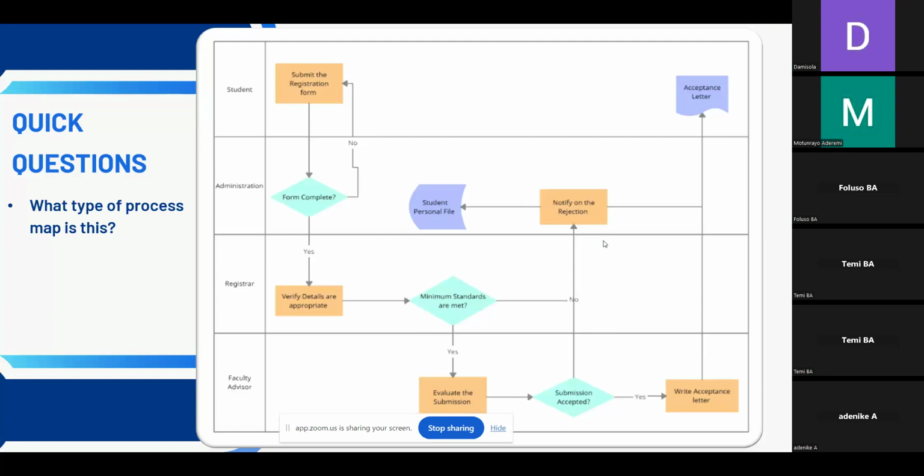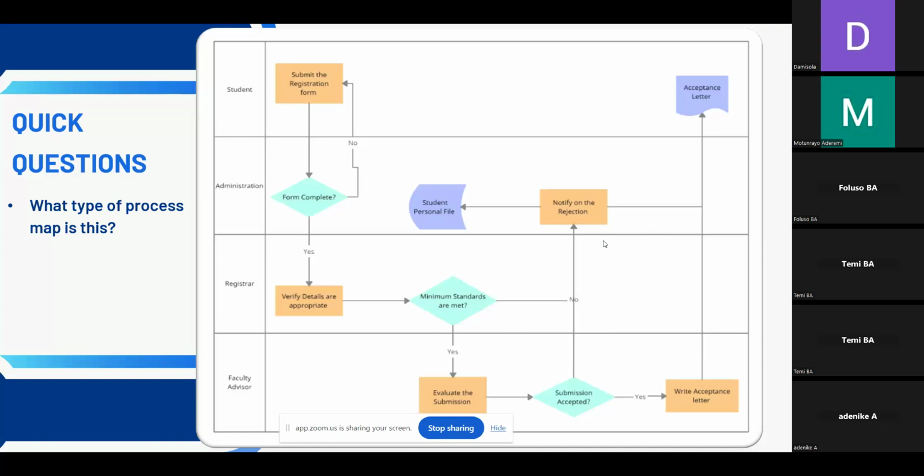Now, for the BPMN, sometimes BPMN symbols are used in a cross-functional process map, but not always. There are some standard ones that once people see, they already recognize, and sometimes they already tell you what it is anyway. So you don't even have to guess.